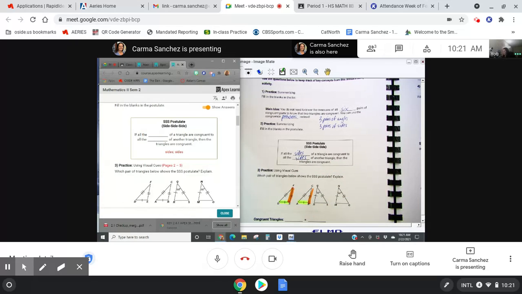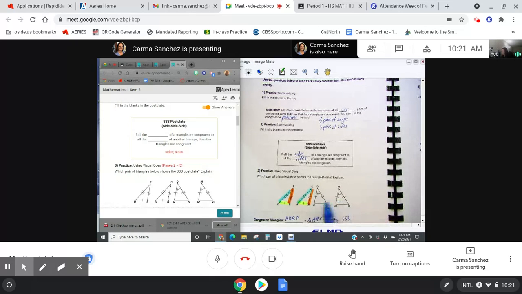And then finally, DF and AC are marked 3. So I could say the triangle DEF is congruent to triangle ABC by the side postulate.